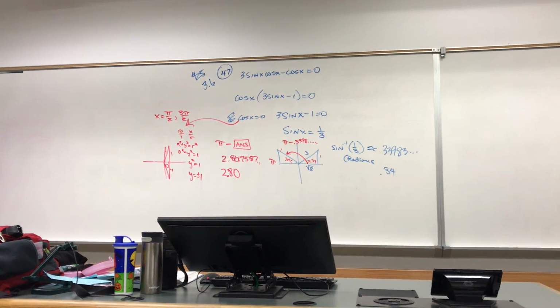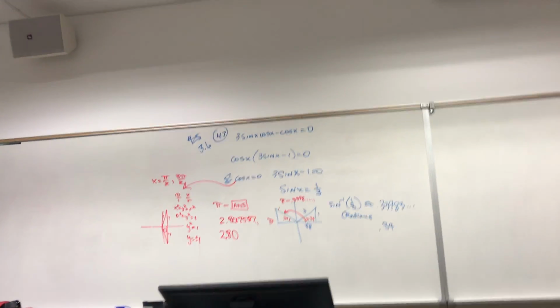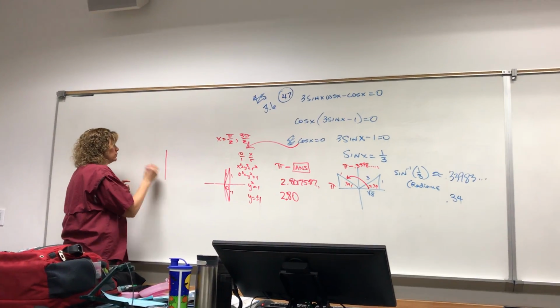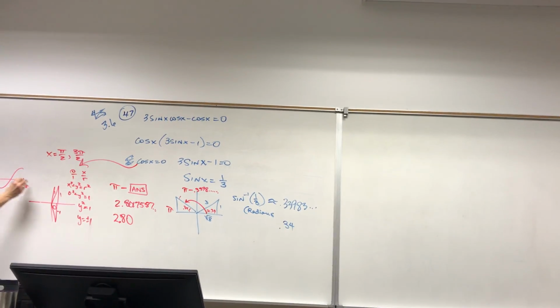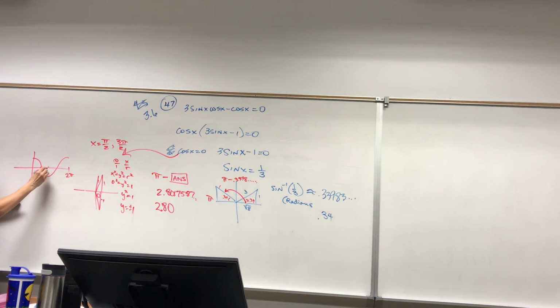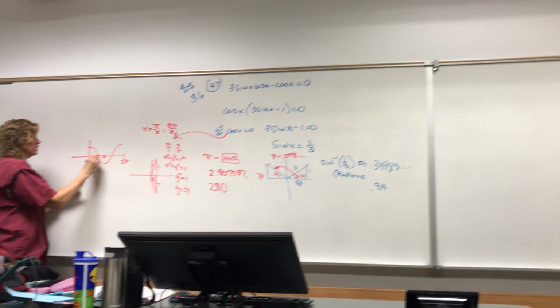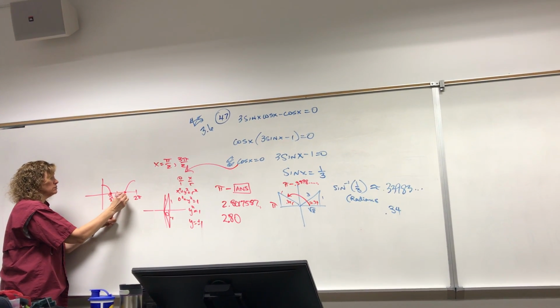When we were doing quadrantal angles, in section 2.4, we hadn't talked about the graphs. You could also say, my cosine curve is 2 pi, so I'm going to be 0 here, halfway is pi, and this is pi over 2. Halfway between pi and pi over 2 is 3 pi over 2.